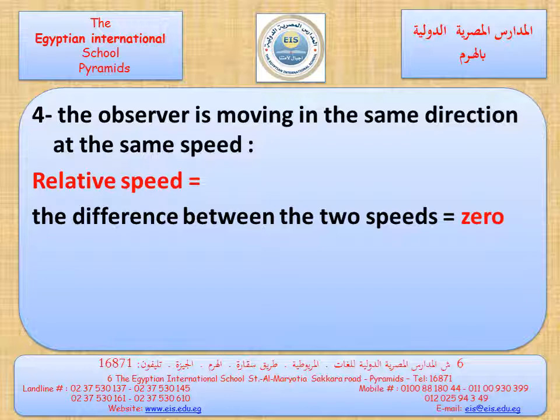So 5 minus 5 equals 0. So the relative speed in this state must be 0 because we take the difference between the two speeds of the two objects.